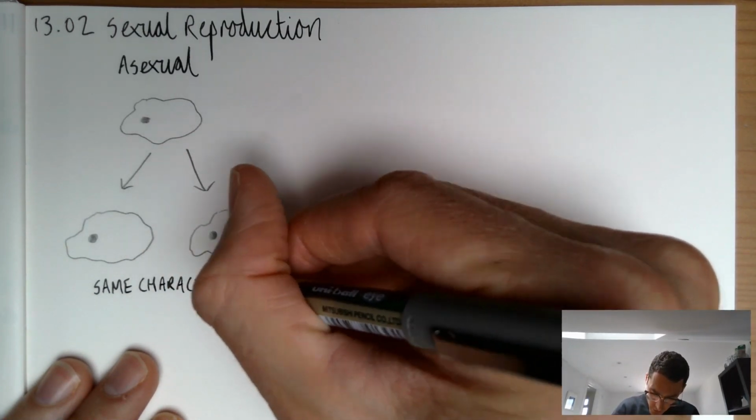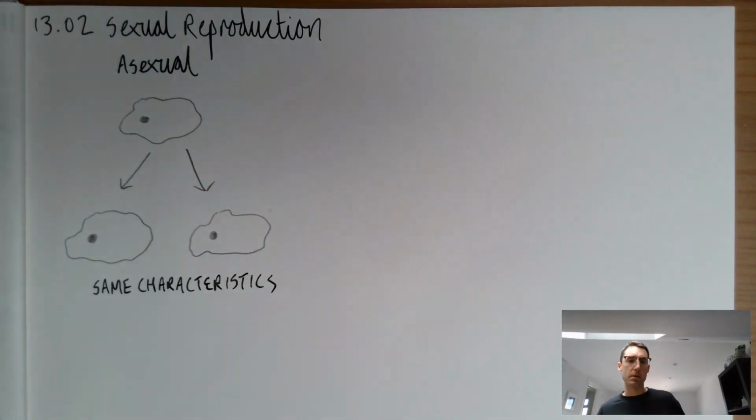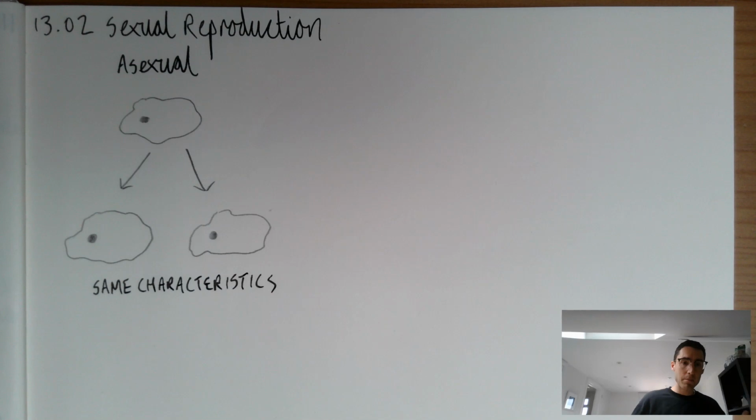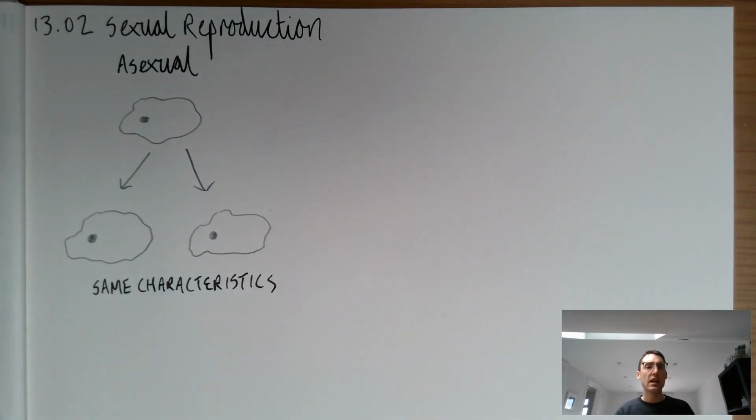I'm going to stop talking so I can write that without any spelling mistakes. It's got the same characteristics as the parent cell. And if you wanted, you could label this as parent cell, daughter cells, whatever. But that's the first idea that you want to get across, is that one way of reproducing would just be to make copies, and that's a perfectly valid way of reproducing. But what you get is organisms with the same characteristics as you started with.